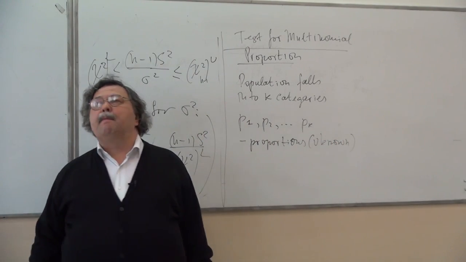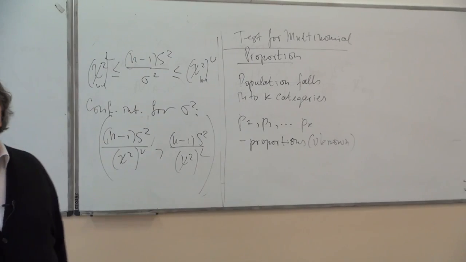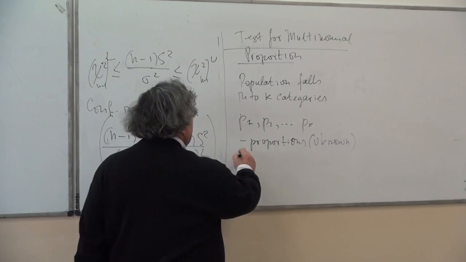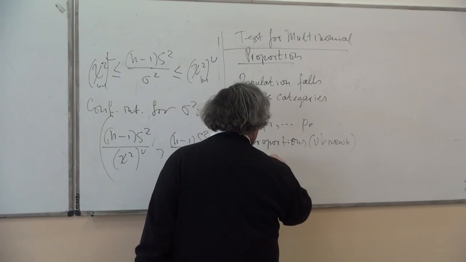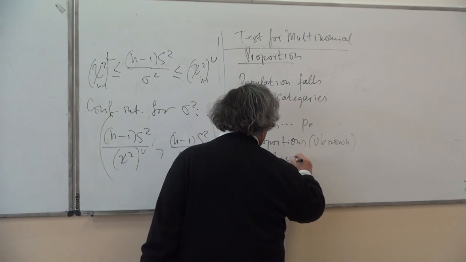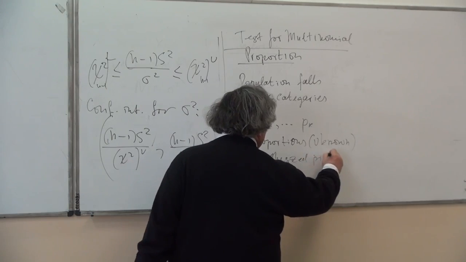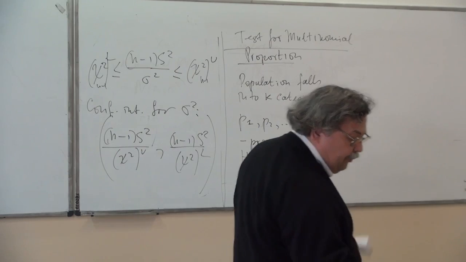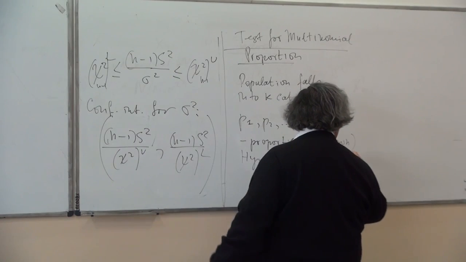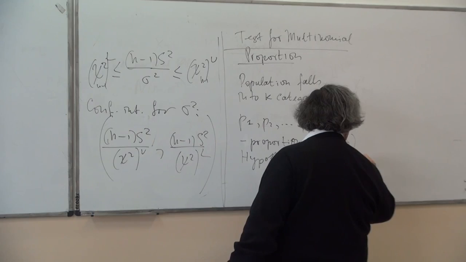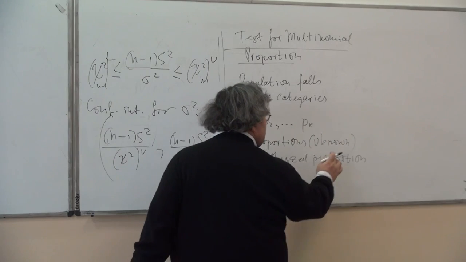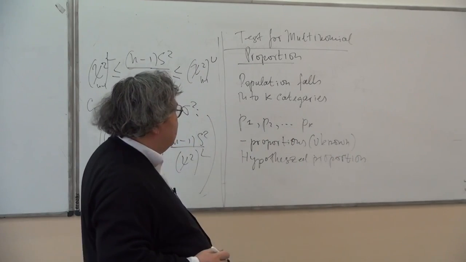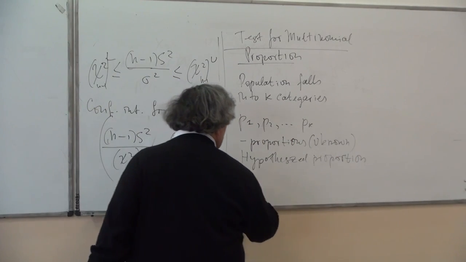Now there is a certain hypothesized multinomial proportion, and it's this.